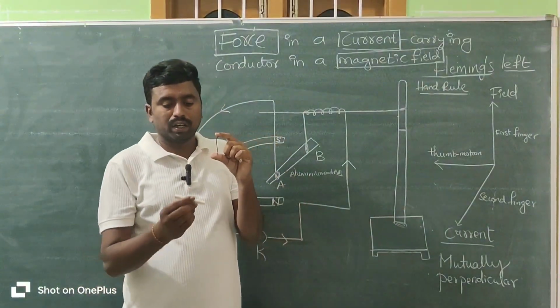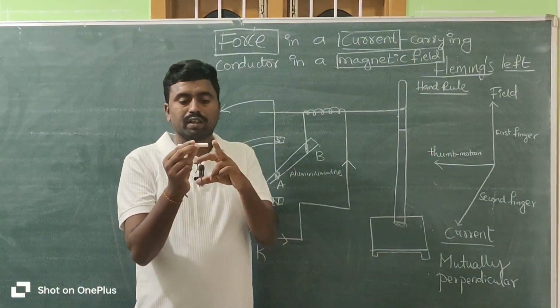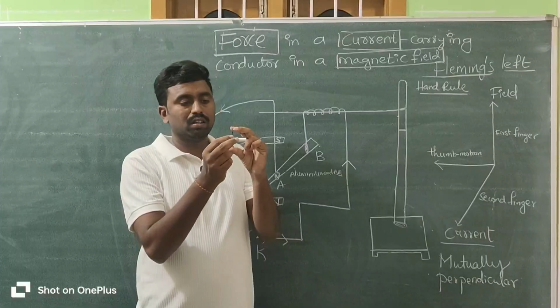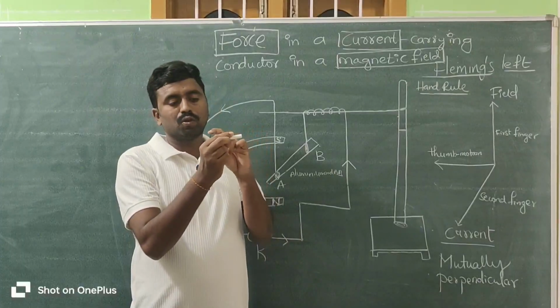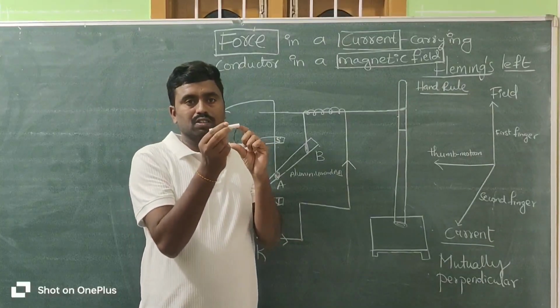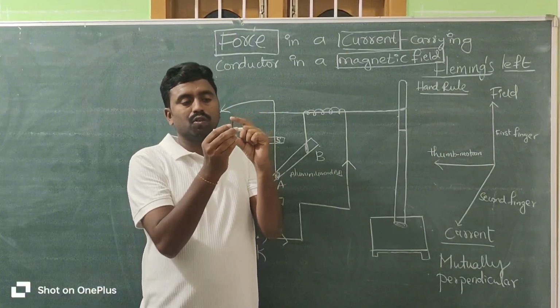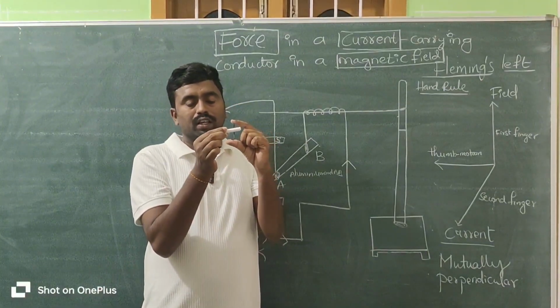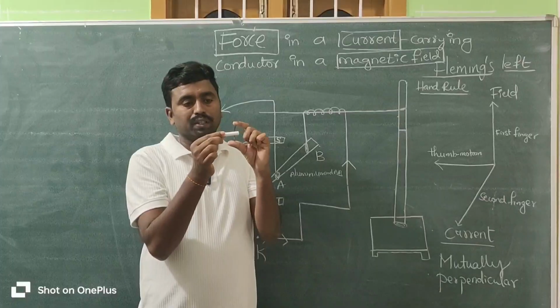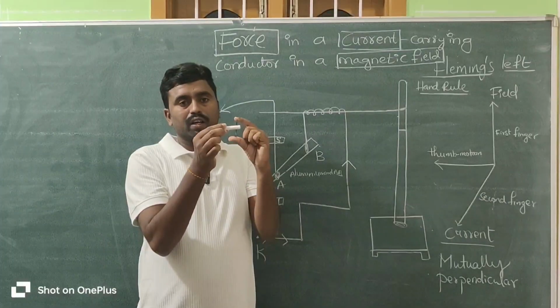Let us take this as a horseshoe magnet, and the chalk piece is the aluminum rod with B end and A end, and current passes from one terminal of the battery to the other terminal, and we need to observe the behavior of the aluminum rod in the presence of the horseshoe magnet.